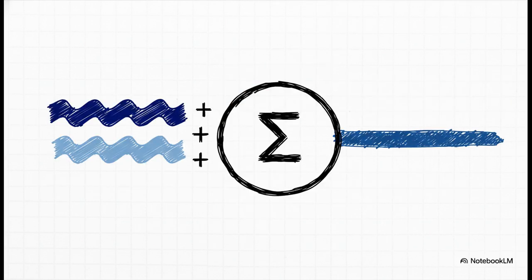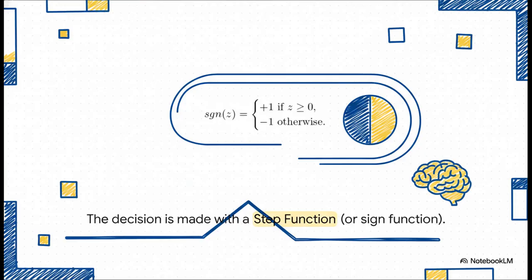Part 3 is summation. This is just some basic math. The perceptron takes each input, multiplies it by its importance knob, its weight, and then it just adds all those results together. That's it. You end up with one single number, one final score. And that final score brings us to the last step, the decision.